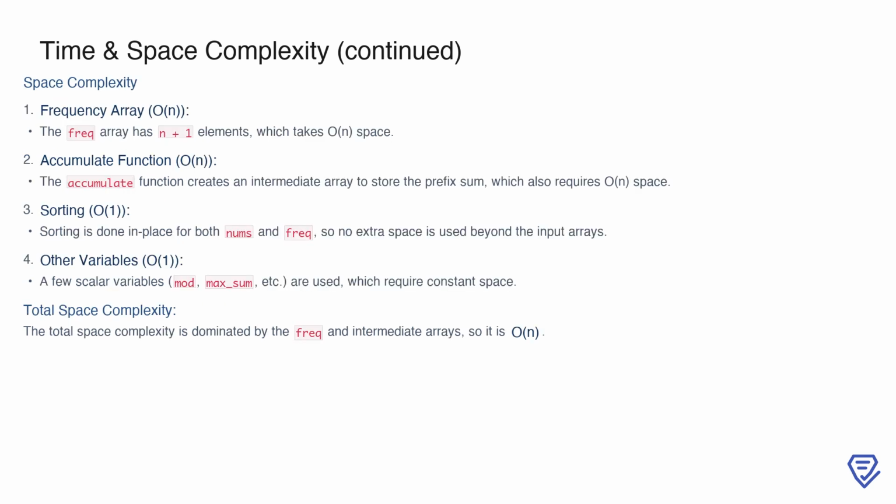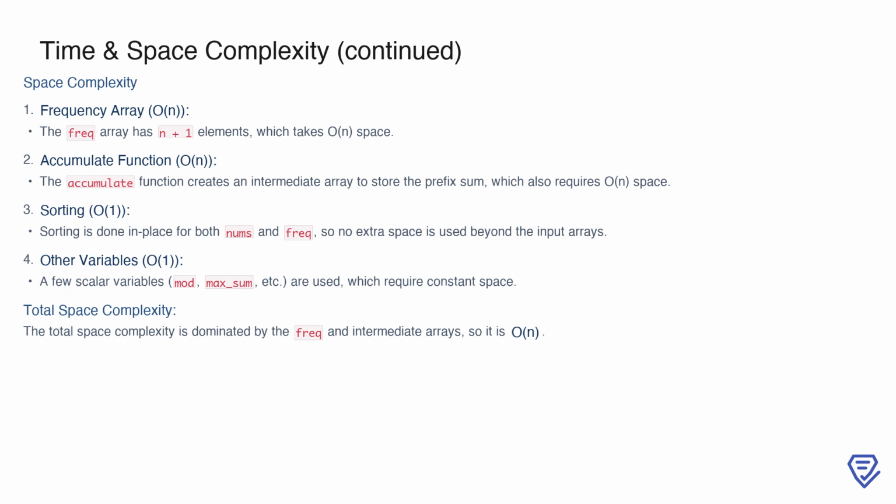Now let's analyze the space complexity of the solution. The primary contributor is the frequency array, which has n plus 1 elements and therefore requires O(n) space. Additionally, the accumulate function used for prefix sum calculation creates an intermediate array of the same size, adding another O(n) to the space requirement. Sorting, on the other hand, is performed in place for both the nums and frequency arrays.